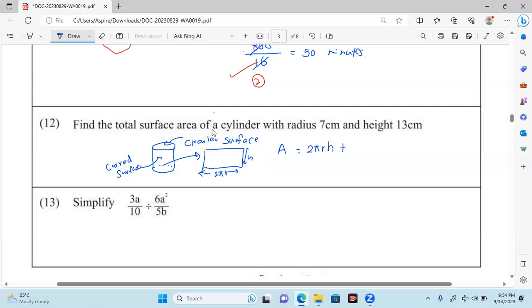In the circular surface, it is pi r square. Okay. Then let's find 2 into 22 over 7 into 7 into 13, plus 22 over 7 into 7 into 7.